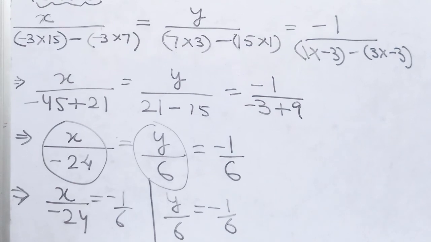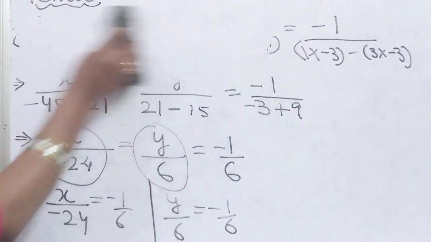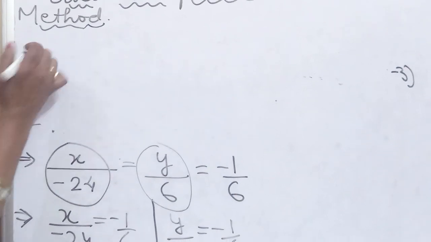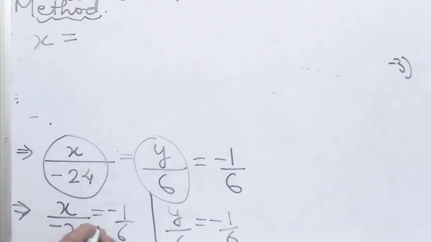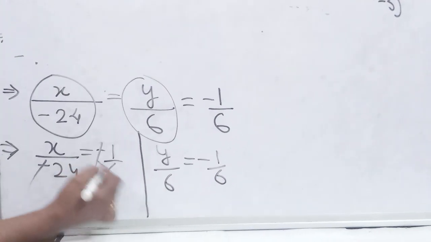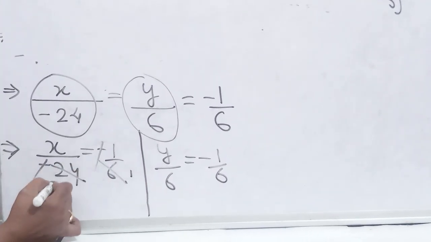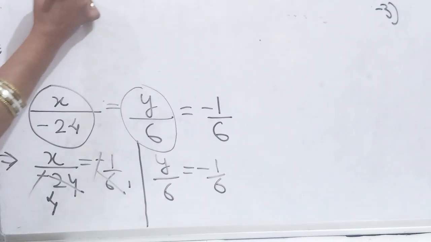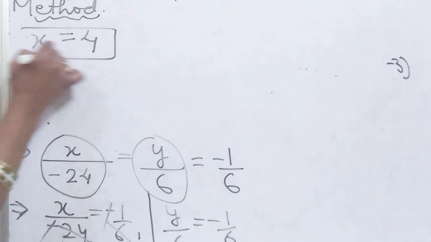Now you just have to do a little thing and we'll get the answer. So x equals, this minus will cancel out with this one, and 6 ones is 6, 6 fours are 24, and this 4 will come here, so x is equal to 4.